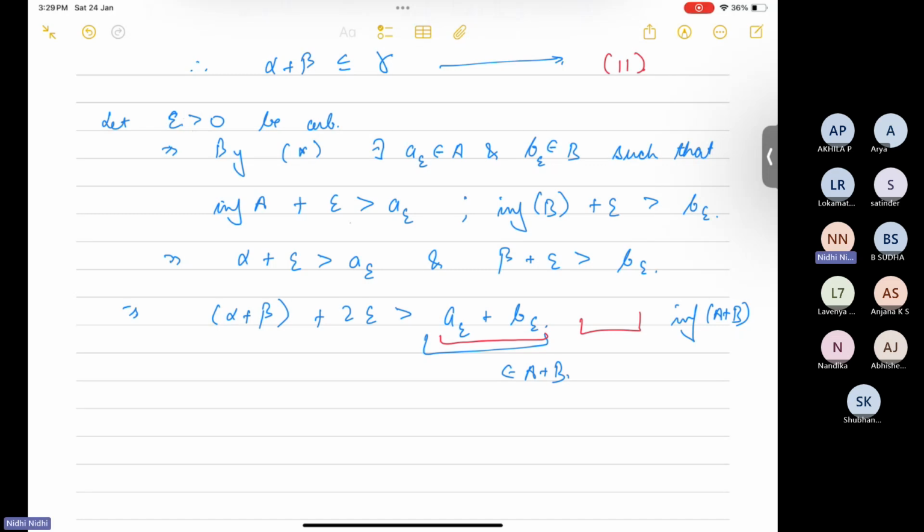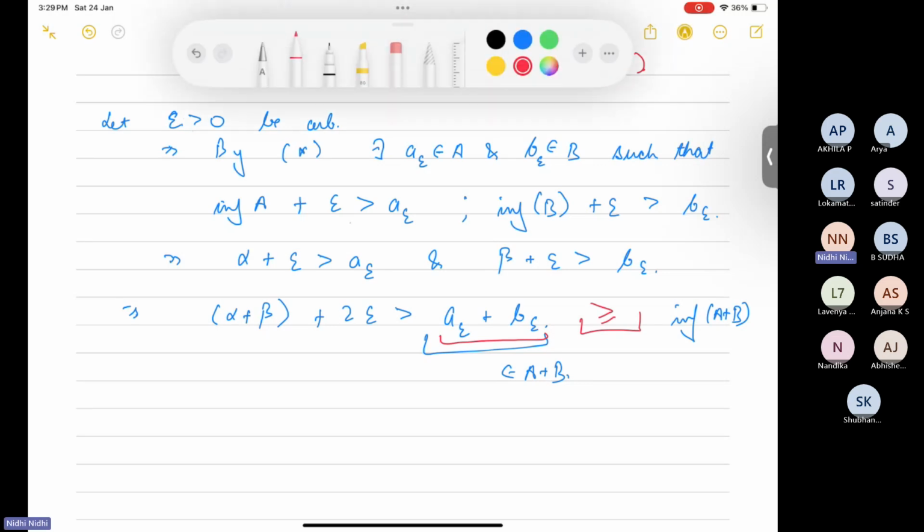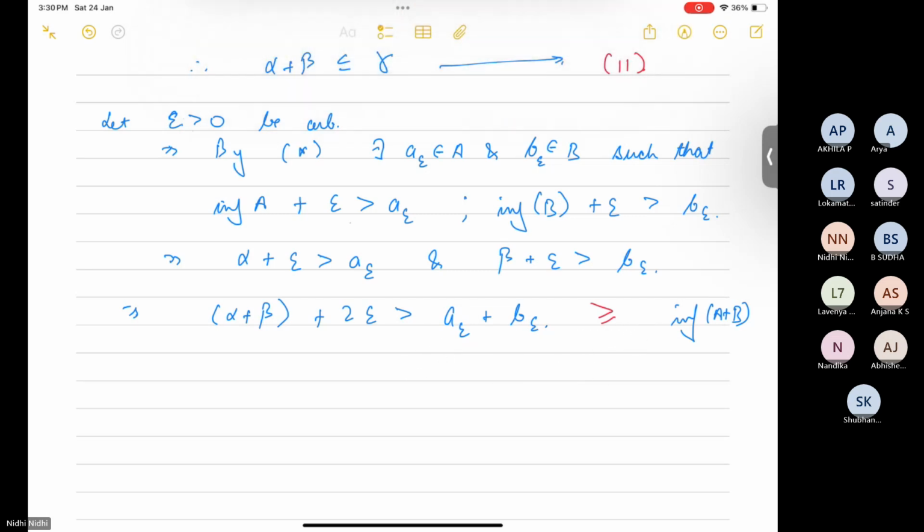So each element will be greater than or equal to the infimum. Okay. Now since a epsilon plus b epsilon is an element of A plus B, every element is always greater than or equal to its infimum.